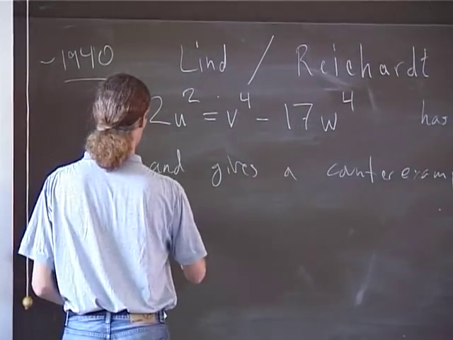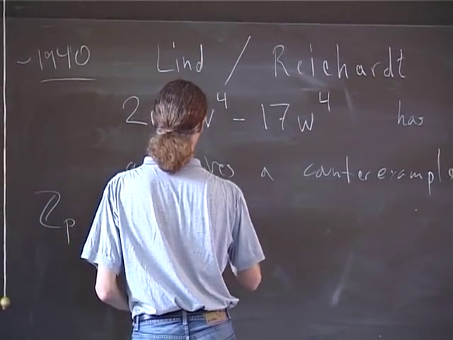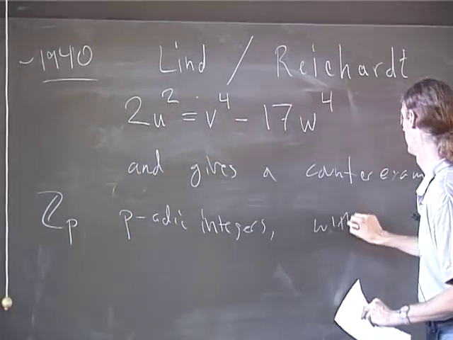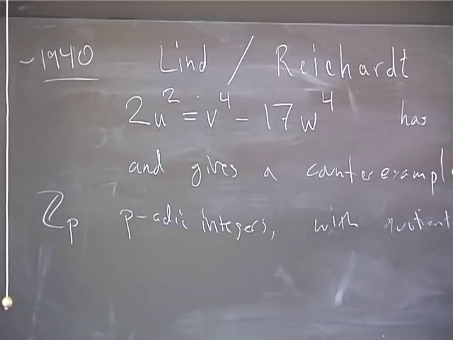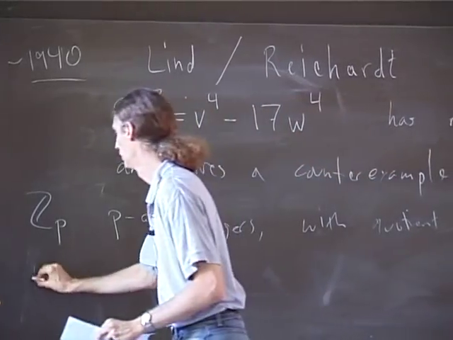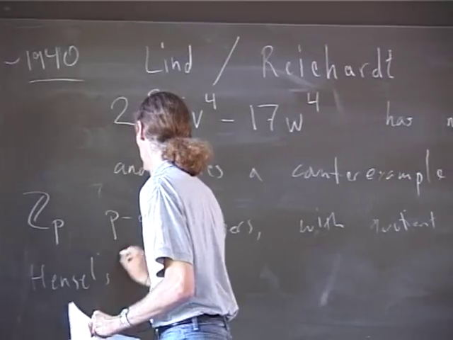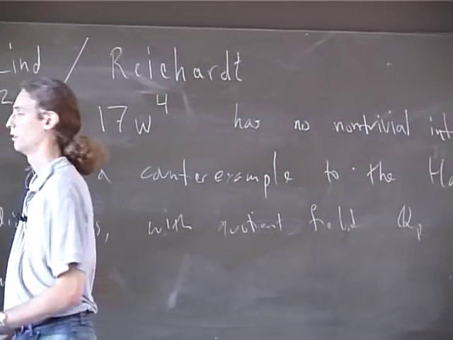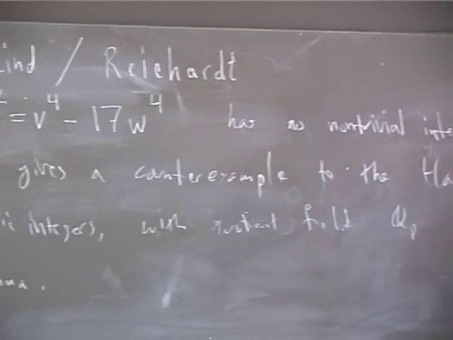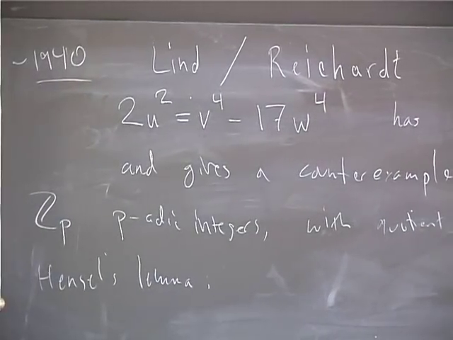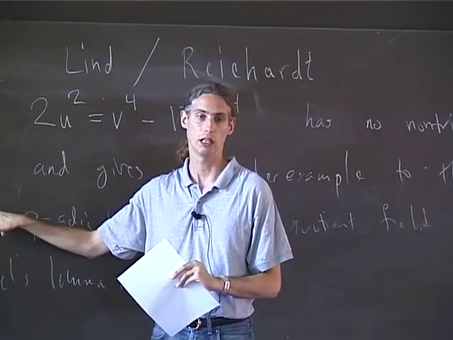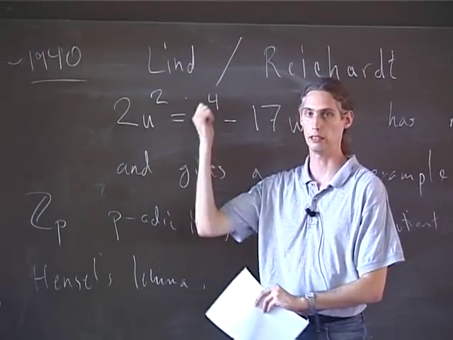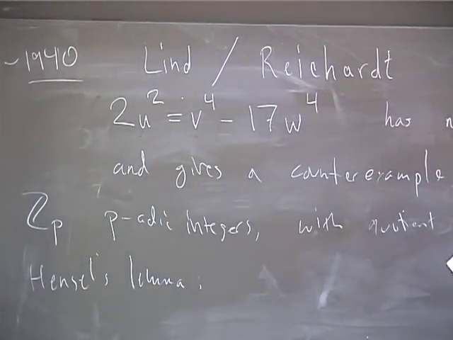So there's the p-adic integers, with quotient field, the p-adic numbers. And then there's something called Hensel's lemma, which you can think of in several ways. You can think of it geometrically, as to say you have an algebraic variety over the p-adic integers, and you reduce mod p and take a smooth point, and it lifts to a p-adic point.